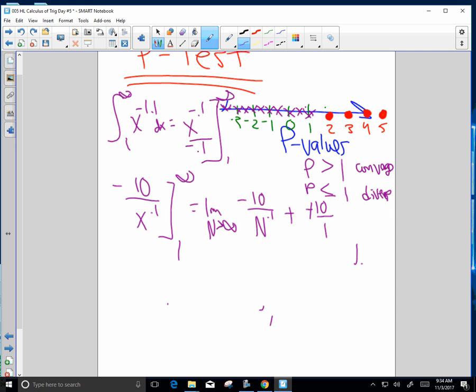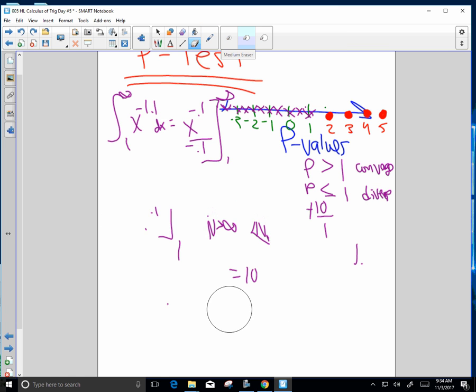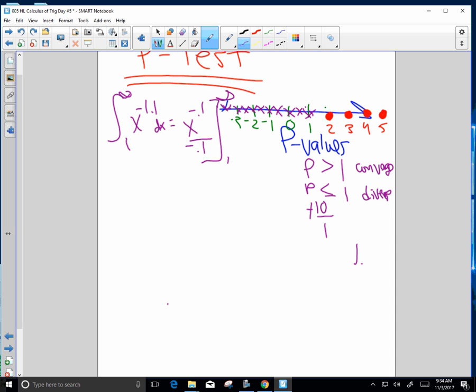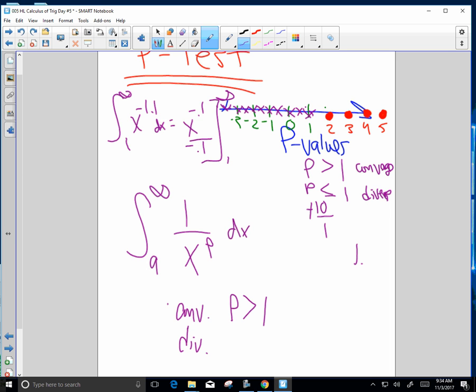Okay, so this is going to go to 0, negative 10 over infinity, and this will be plus 10. So that converges. So all said and done, you take the integral from a to infinity of 1 over x to the p. P has to be what to converge? Yep, p has to be greater than 1. Excellent. Diverge? P has to be less than or equal to 1. Yep.